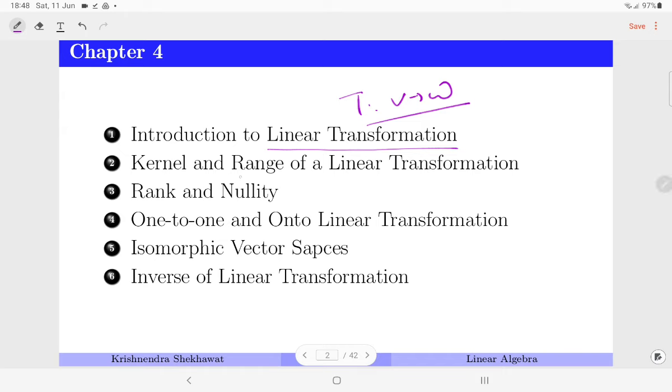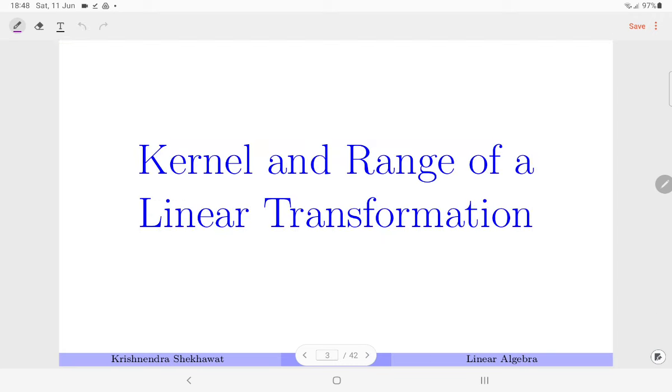To check T is 1-1 and onto, we need the concept of kernel and range of a linear transformation.